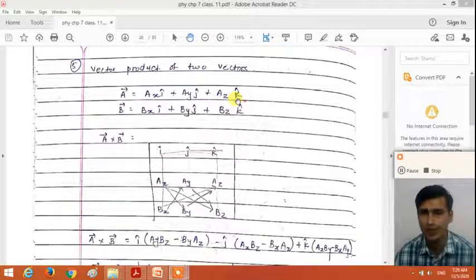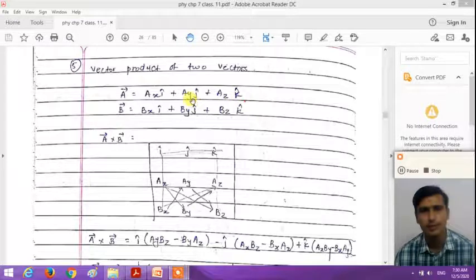If any one component is not given, take 0. If the x component is not given, take 0i; if the y component is not given, take 0j; and if the z component is not given, take 0k, right?